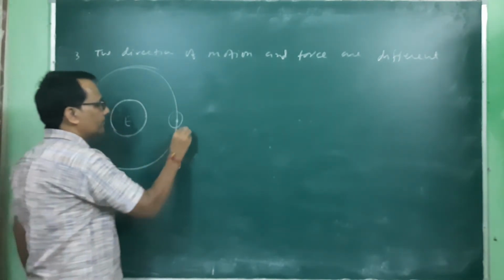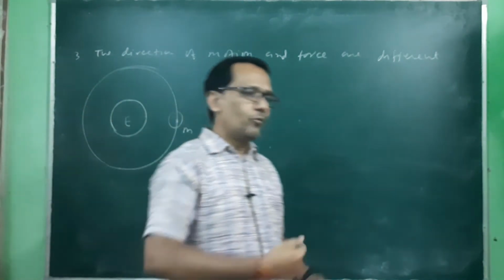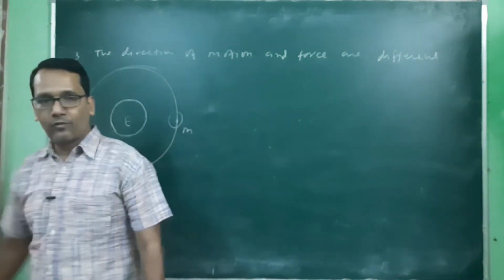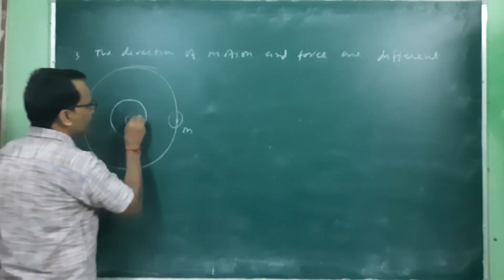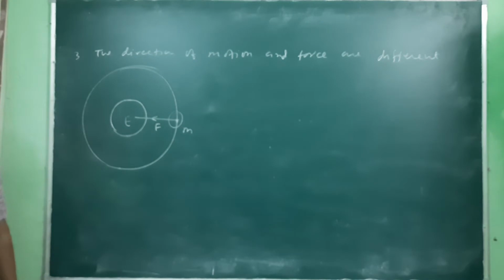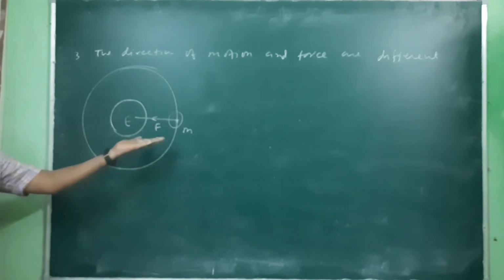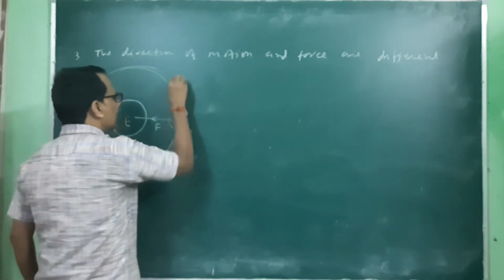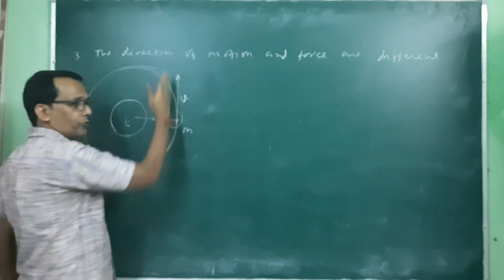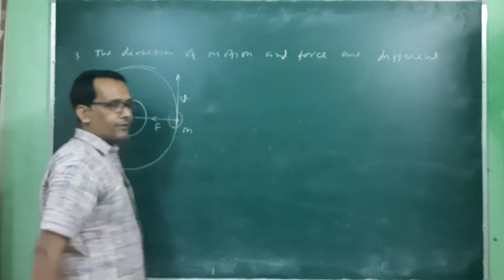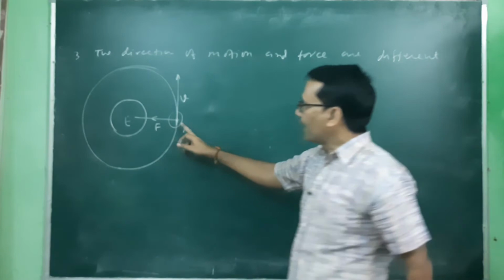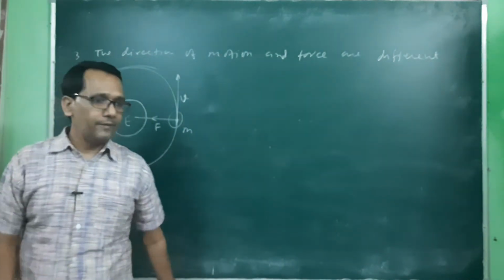This is moon. So moon is moving around our earth with a constant circular orbit. Then the direction of force is toward the center of earth, the gravitational force, it is balanced by centripetal force, and the direction of motion is tangential to the path. So here, this is the direction of motion, and this is the direction of force.